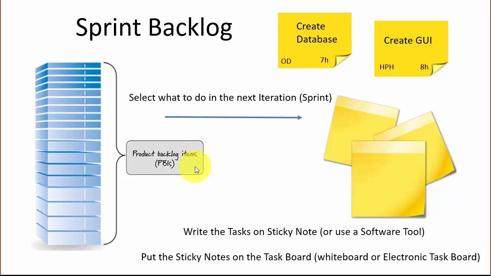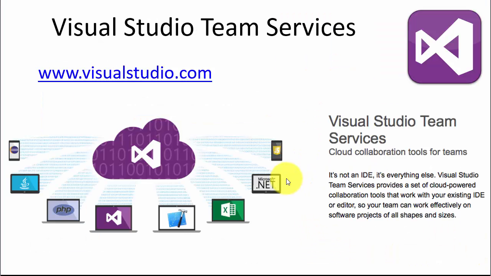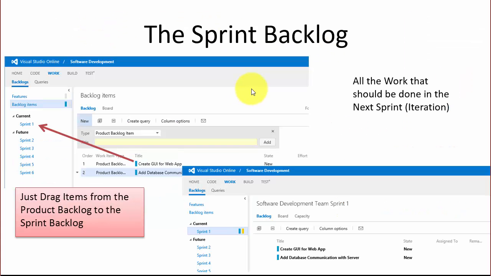For this you can use a software tool, but also you can use a whiteboard with sticky notes. In this video we will use Visual Studio Team Services as an example. So here you see in Visual Studio Team Services our product backlog, and then you can just drag items into the current sprint like this.